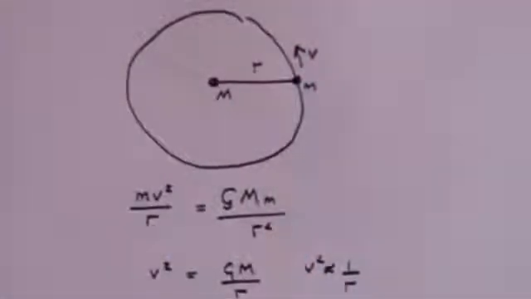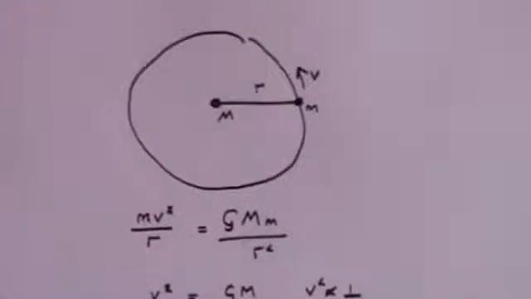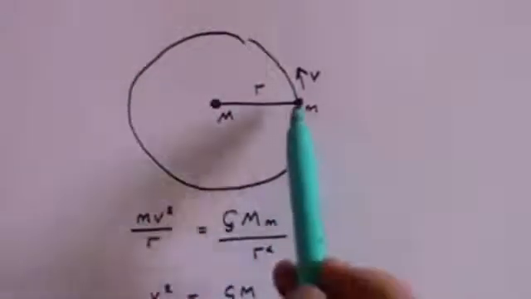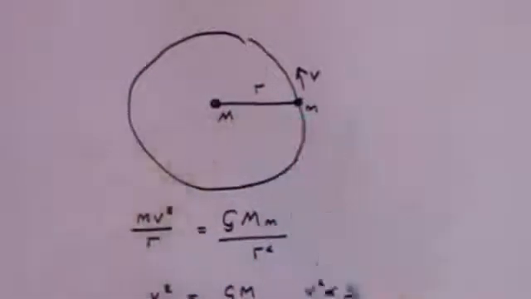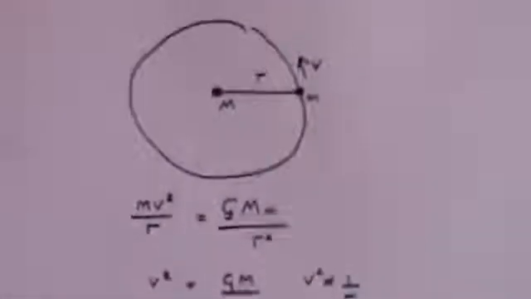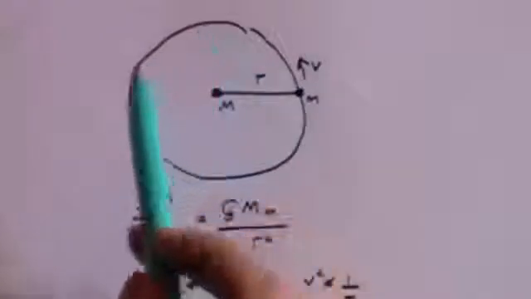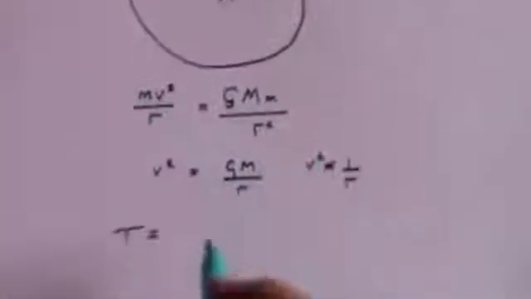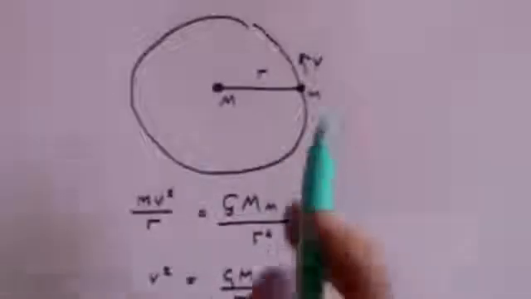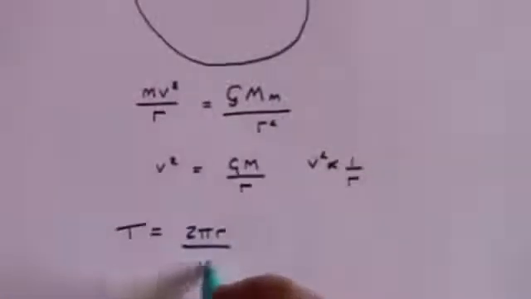In passing, we can just say that this leads on to Kepler's third law, because if you think about the time it takes for a planet to do one complete revolution, that time, T, will be the distance that it travels, which of course is 2 pi r, one complete revolution is 2 pi r, divided by the speed, which is v.